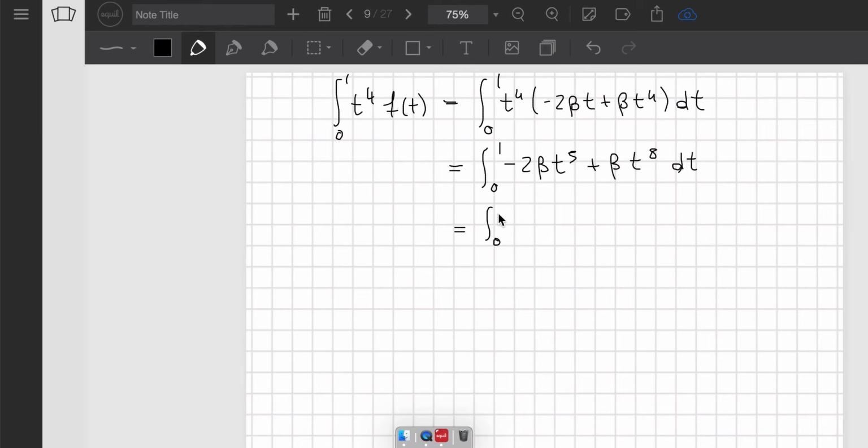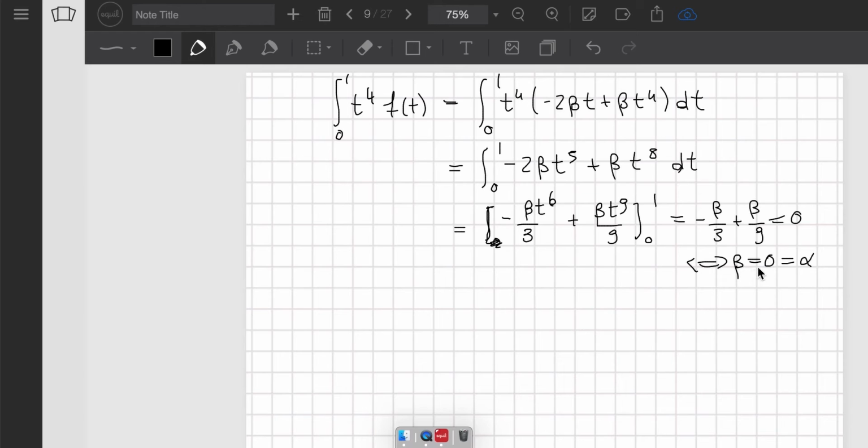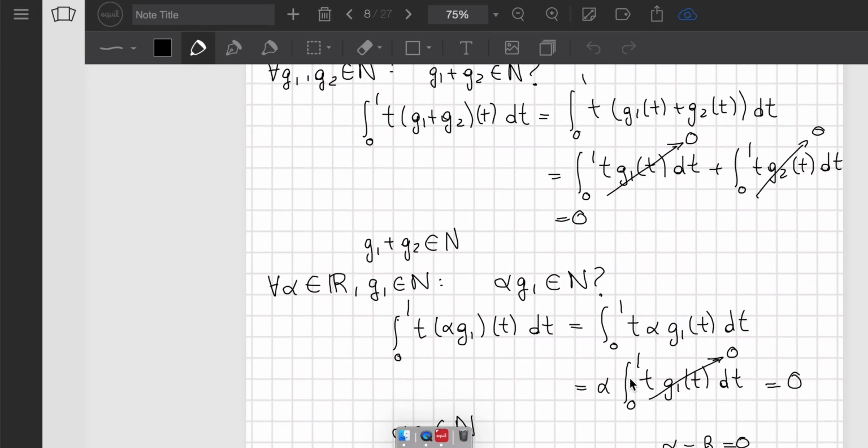Okay, and this is equal to negative beta over 3 t to the 6th plus beta t to the 9th over 9, from 0 to 1, and clearly this is negative beta thirds plus beta ninths, and this is equal to 0 only if beta is equal to 0. But if beta is equal to 0, so is alpha, and there you go, that's the proof. Alpha and beta must be equal to 0, right?